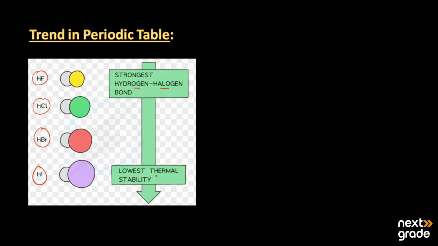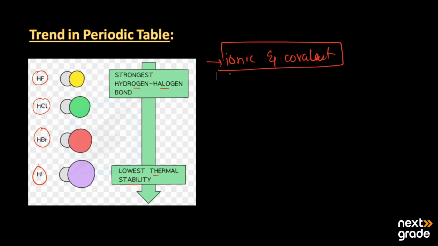As we move top to bottom, their stability decreases down the group. So the melting points and boiling points depend upon which type of bond is present, whether it is ionic or covalent.